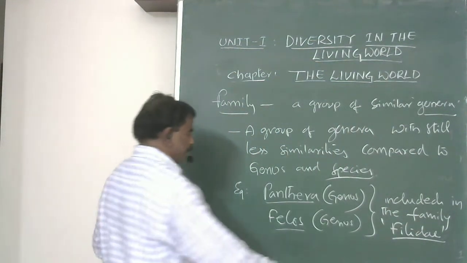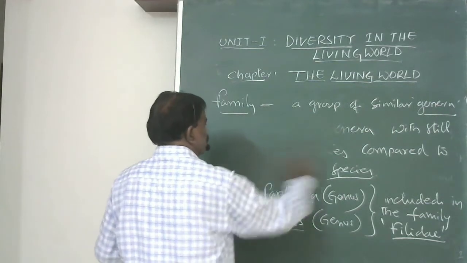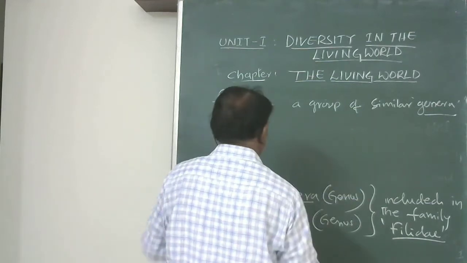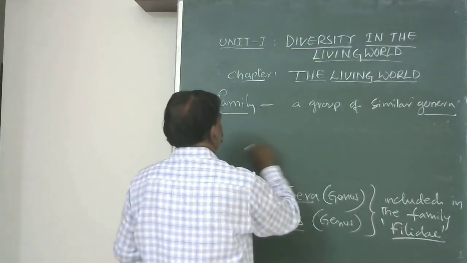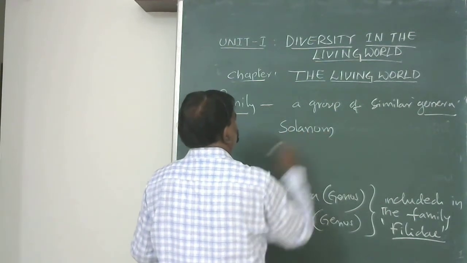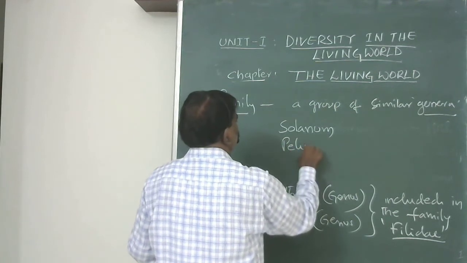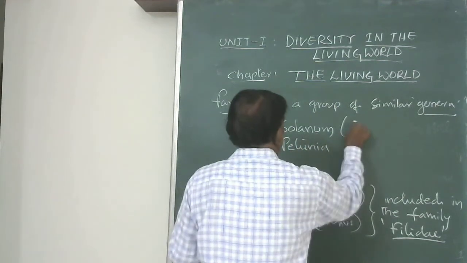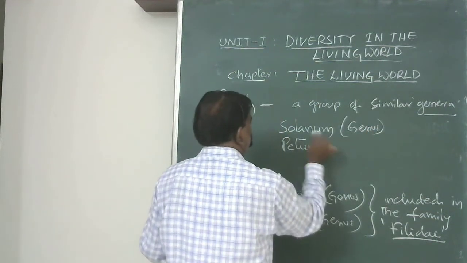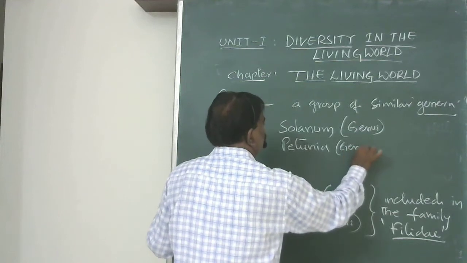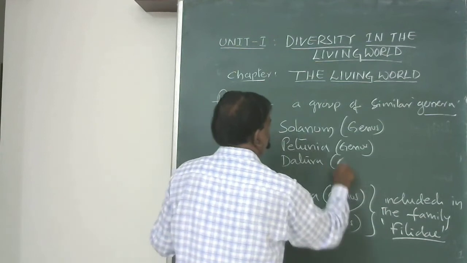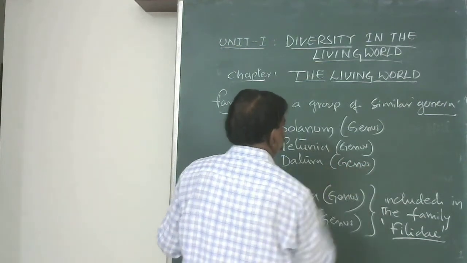Let us take one more example, that is a plant example. Solanum is a genus. Petunia is a genus. Datura is a genus.